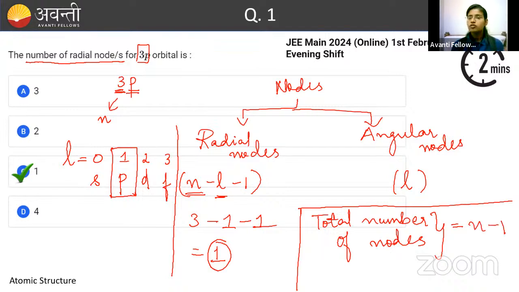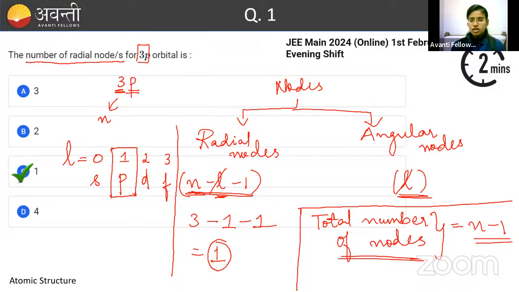The total number of nodes is nothing but the number of radial nodes plus the number of angular nodes, right? So here the number of radial nodes is n minus L minus 1 and here it is L. If I add both, the minus L and plus L will cancel. So what remains will be n minus 1 only. Got it? So this is the formula to find the total number of nodes. You will get questions from this also. They will ask you to find the total number of nodes also.